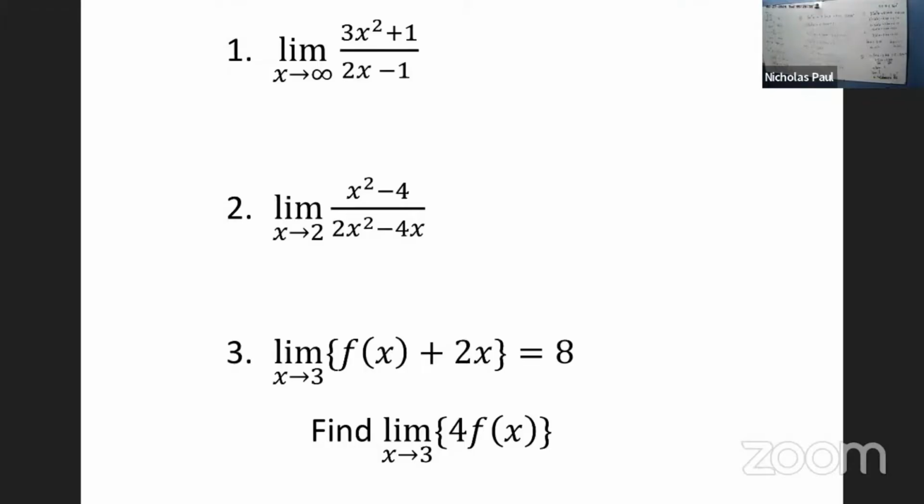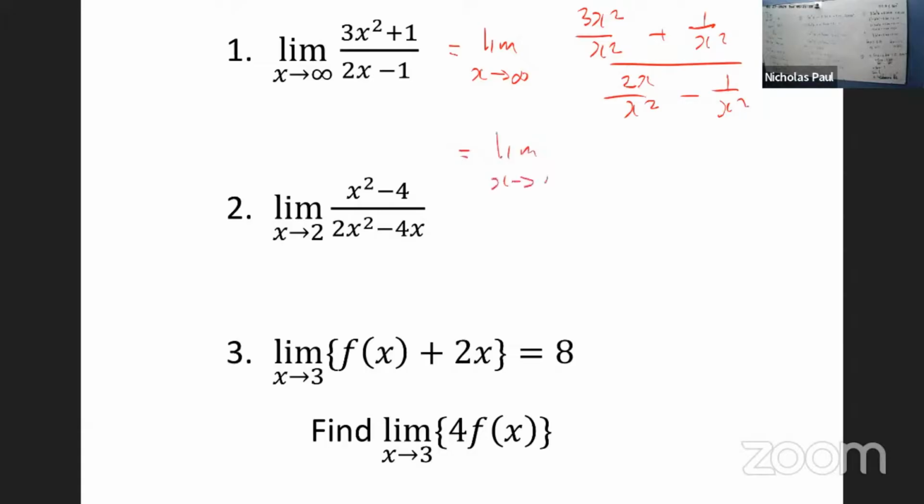Let's check out the first one. Would you be able to factorize the first one? No, you wouldn't be able to factorize. So we have to divide by the highest power. So we're going to get 3x squared on x squared plus 1 on x squared over 2x on x squared minus 1 on x squared. So we have the limit as x approaches infinity.